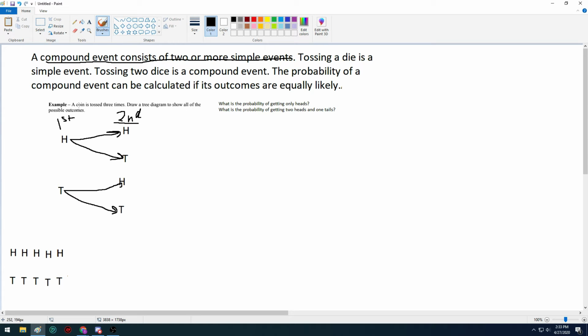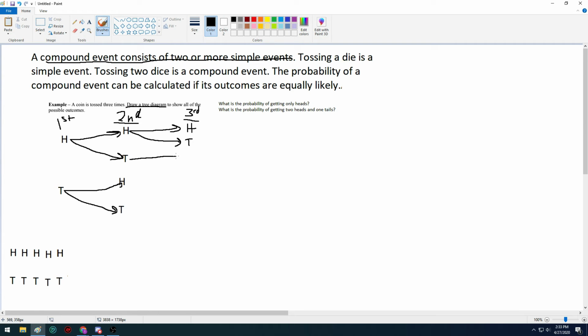Now in the question example here, we tossed the coin 3 times. So after the second chance, we have this. And now again, the third time we do this, what will happen? Well, again, our heads has two options of giving us another heads or tails.